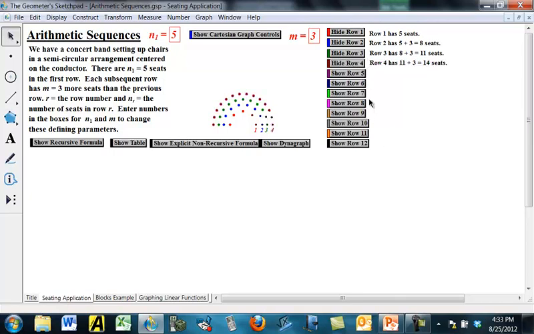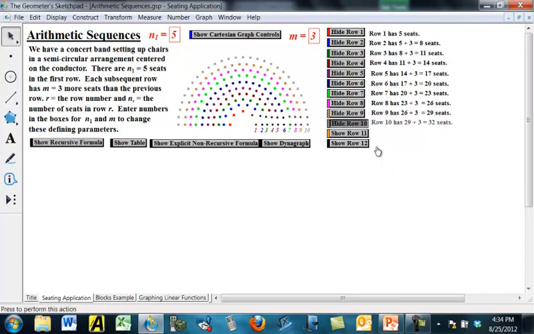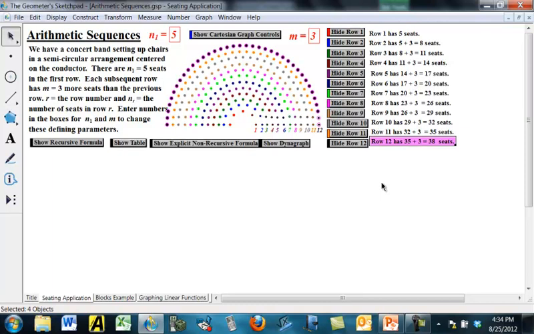And how much for the next one? Yeah, 17. And then 20, 23, 26, 29, 32, 35. And the 12th row, which is the last row, will be 38 seats.